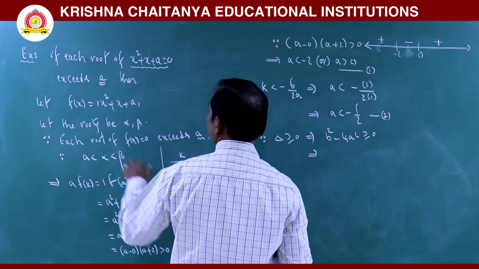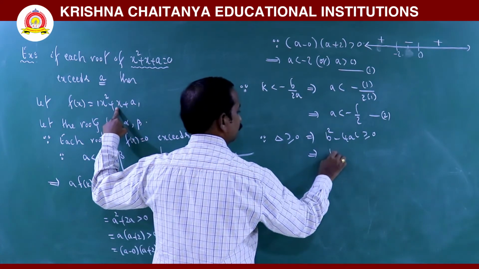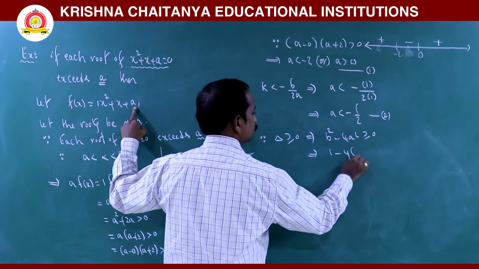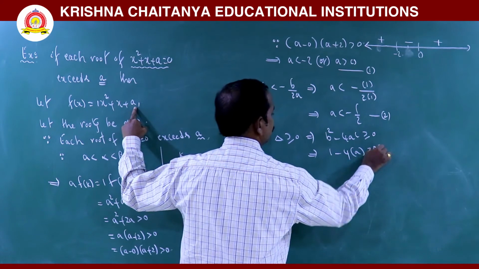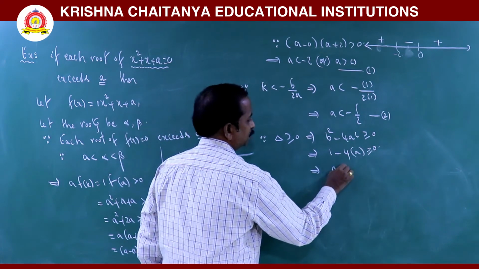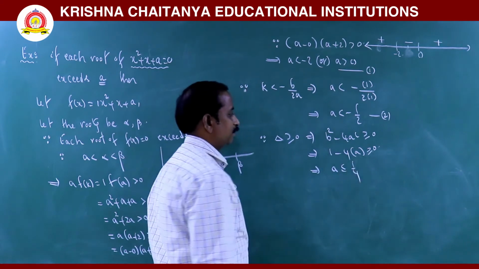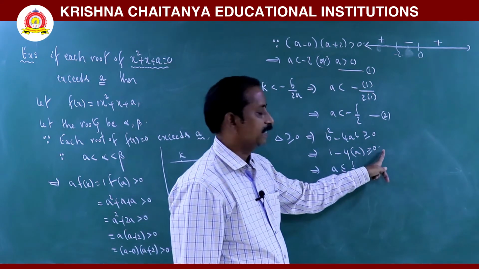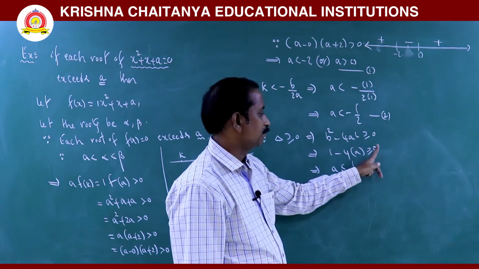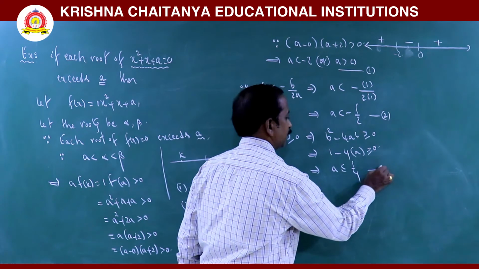So, b square is 1 minus 4 into a into 1, where c means a. So, 1 minus 4a greater than or equal to 0. Taking minus 4a to the RHS, 1 is greater than or equal to 4a, which means a is less than or equal to 1 by 4.